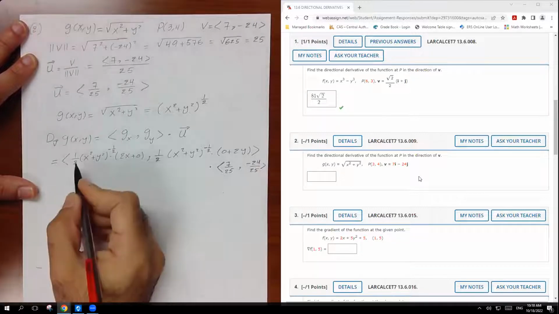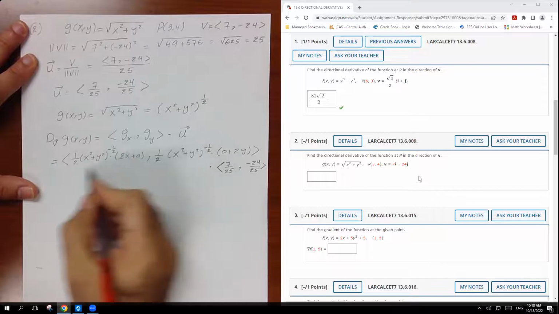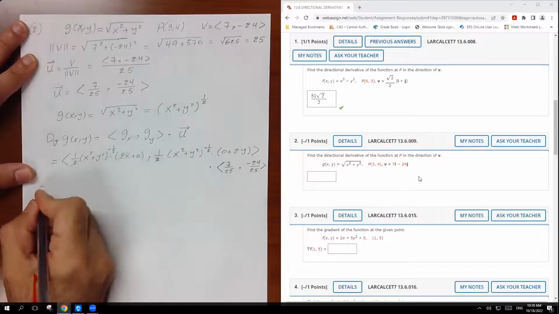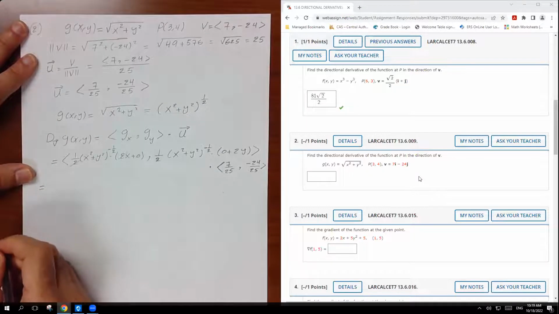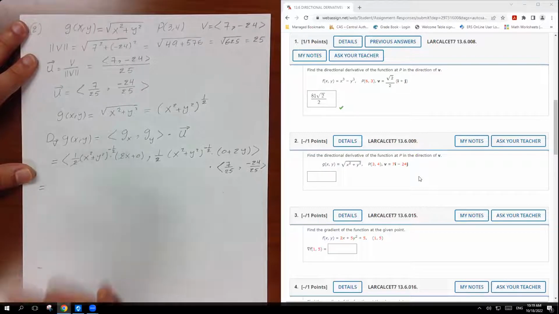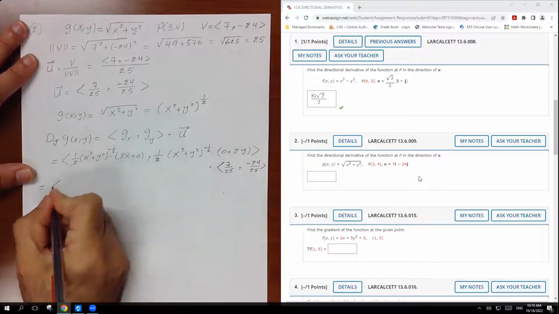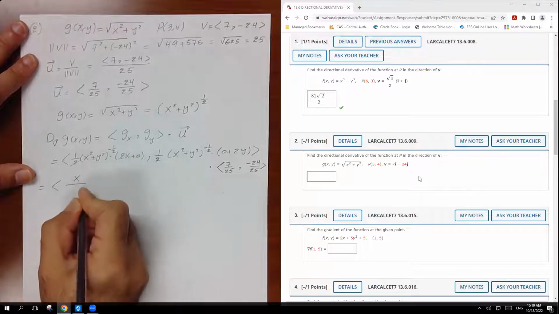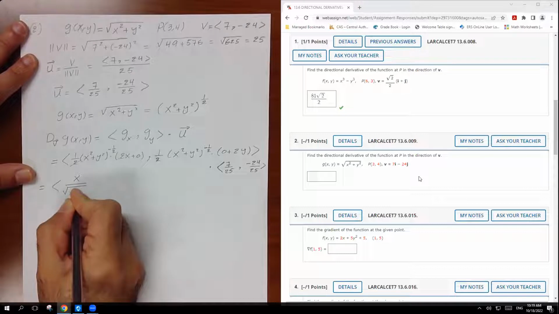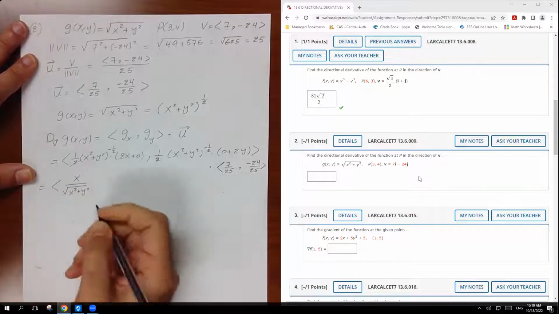Now let's simplify this one. The 2 cancels with the 1/2, so the left is going to be x over the square root of x squared plus y squared, because the negative exponent sends it down.